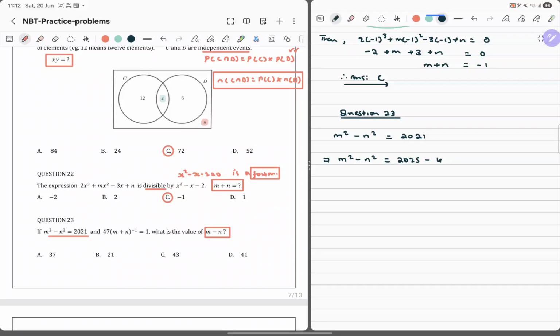Now, I know that I'm trying to think. Is 25 squared 625? Let's check. So 25 times 25, what do we get? This is 5. We carry the 2. This is 10, then this is 12.